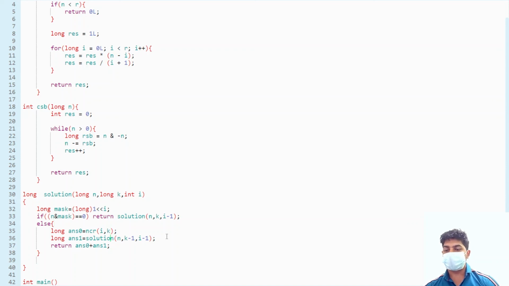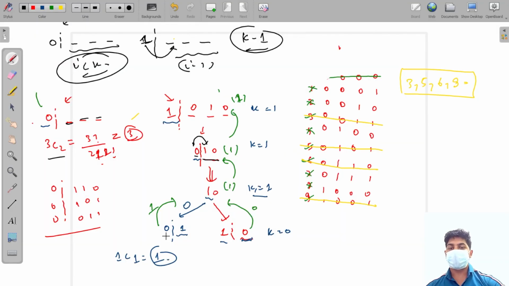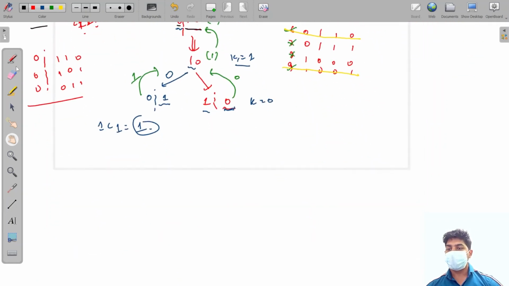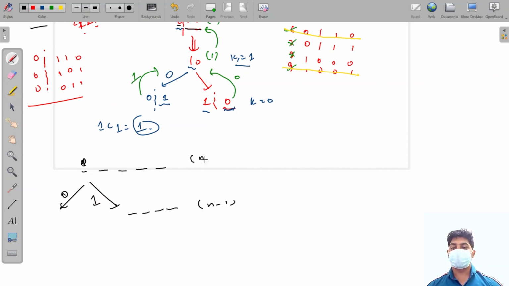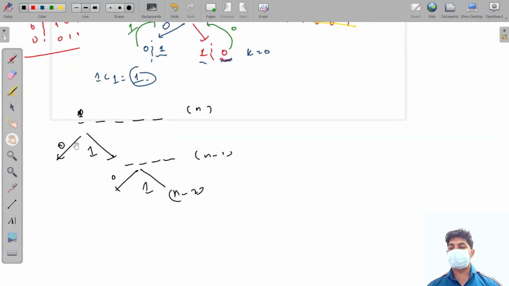Now we are solving this problem recursively, but we need to write the base case. As I told you earlier, suppose it is an n-bit problem. If this bit is 1, one option is to choose 0, the other is to choose 1. Then it reduces to an n minus 1 bit problem. Again we can choose 0 or 1, and it reduces to an n minus 2 bit problem, and so on.